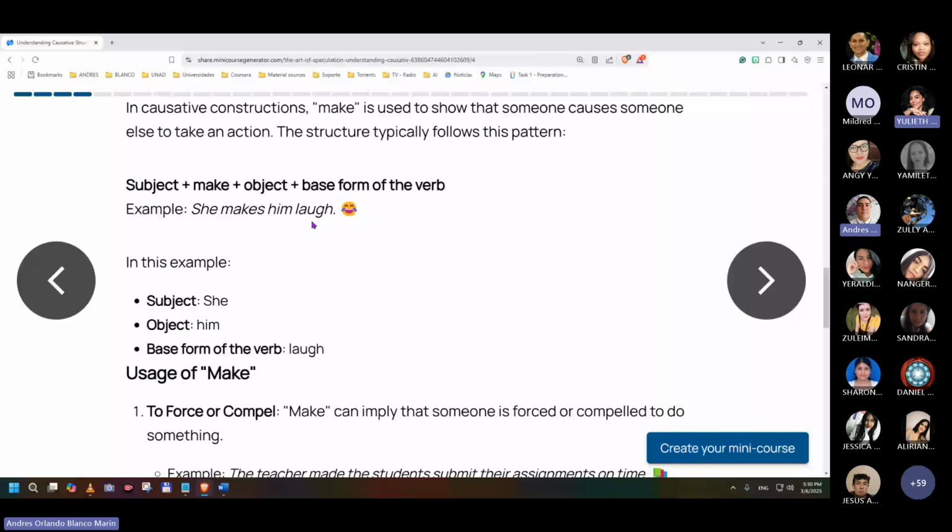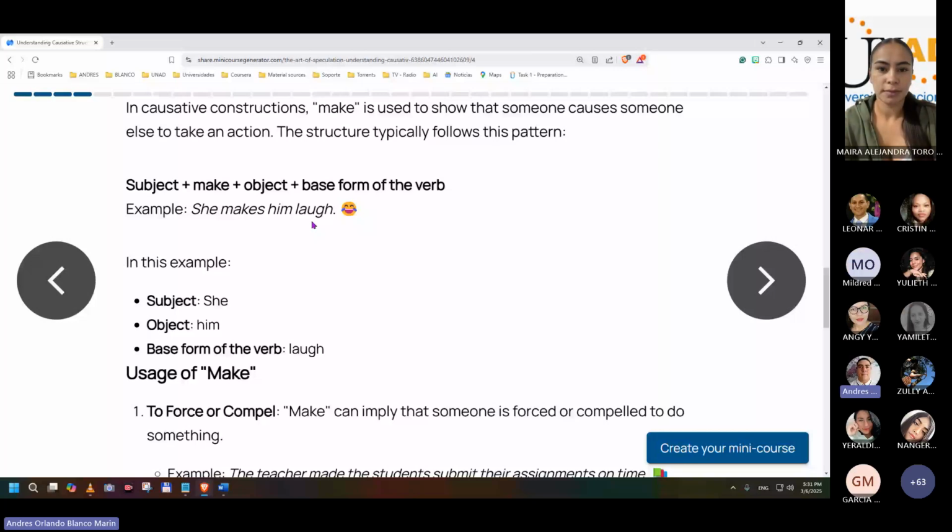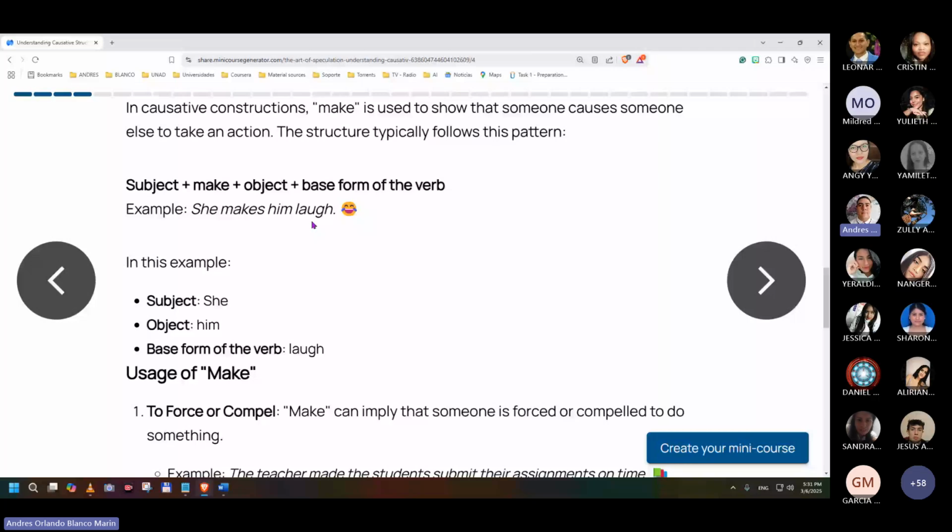What causes the smile? What or who causes it? The action. She must be doing something to make him laugh. Maybe she's telling a joke, maybe she's doing a funny face, but she's the cause. That's why you call these causative verbs. She's the reason that he is laughing. She makes him laugh. She is the subject, him the object, laugh the base form of the verb.